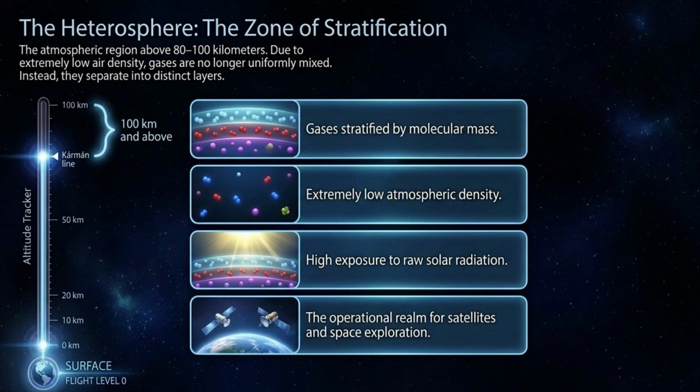The heterosphere is also very important for space activities. Satellites and spacecraft operate in the upper atmosphere and beyond, making this region significant for space exploration and satellite communication. So we can remember that the heterosphere is the zone of stratification where gases are arranged according to their molecular mass.